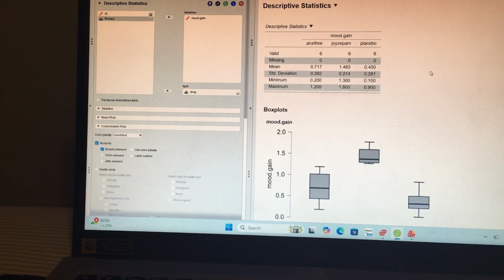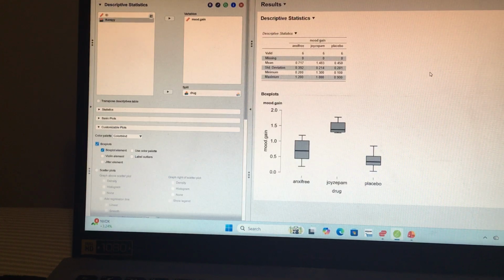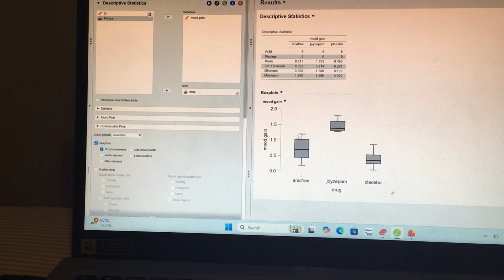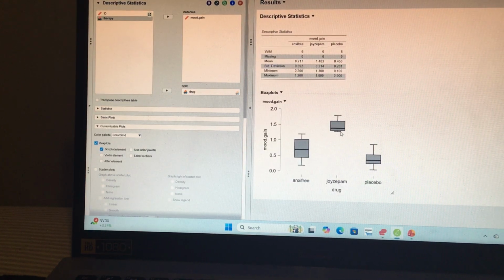So let's make this smaller so we can see our box plots and compare. So we have our anxiety-free, and we see, right, we see our minimum of 0.2, our maximum of 1.2, and we see our median, our mean of 0.717. Then we go to joyzepam here, okay, and we see our mood gain is much higher.